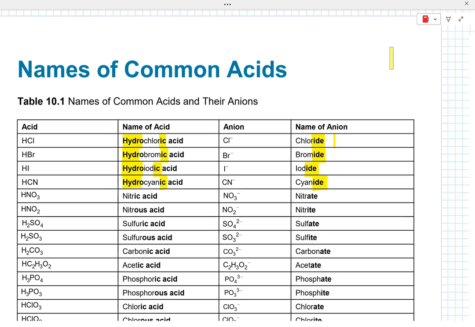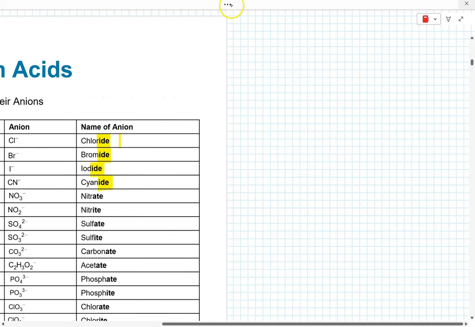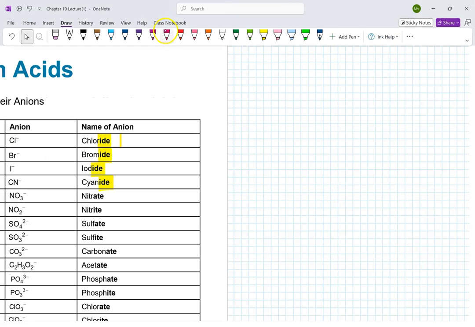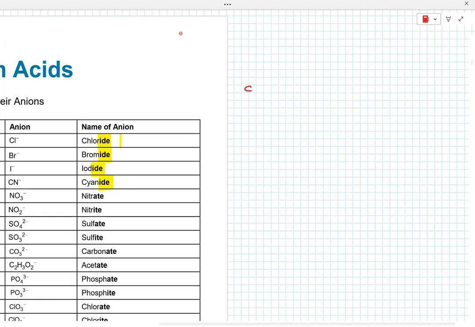Good. Now I want to illustrate something here, just so you know. This rule isn't always applicable. There's a minor exception. So think of it this way. The name of the element is chlorine, right? So this anion is what?